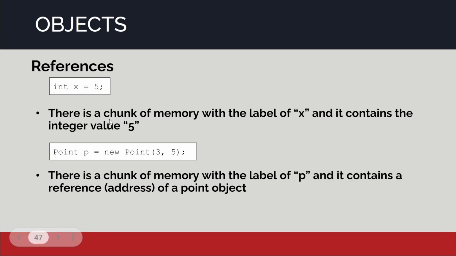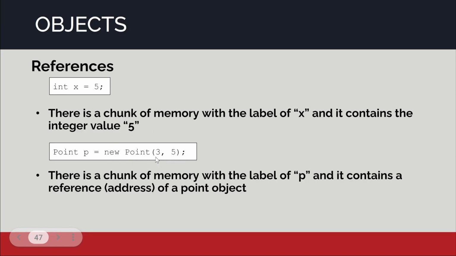Now, the syntax for creating a Point or an object, as we've already gone over, is a little similar, a little different. We still have the type, the name, the assignment, but then the special stuff: new, and then the constructor, and then parameters. What happens here is a little different. We have a chunk of memory that's set aside, and the label is the variable name p, but instead of containing the entire point, it actually contains a reference, which is an address of the place where the object actually lives.